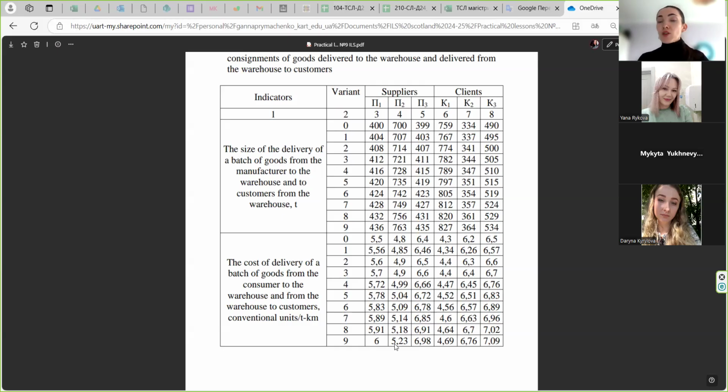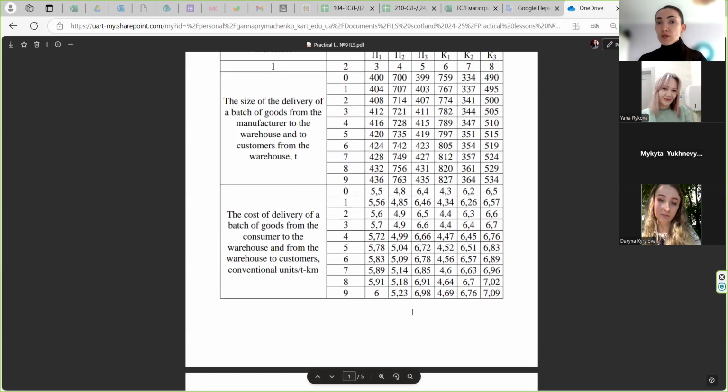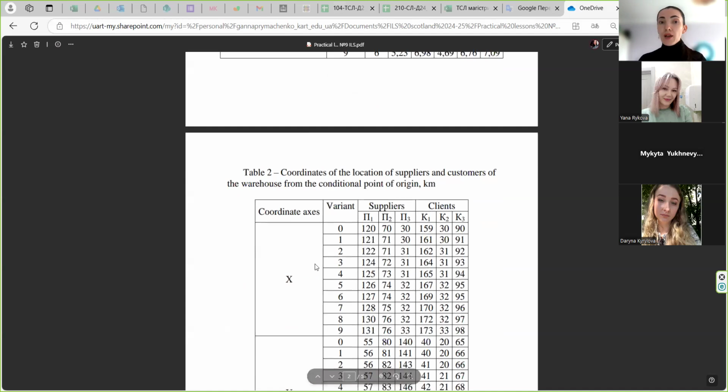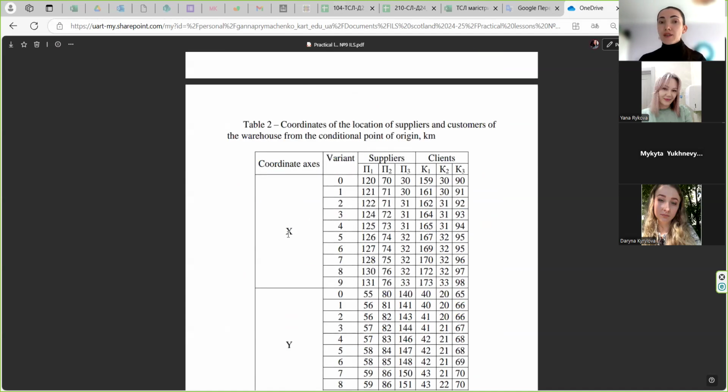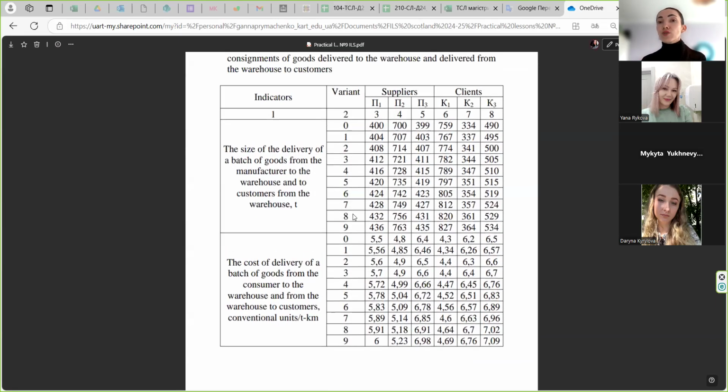We find the second parameter, it is the distance by coordinate axis x for the second supplier. Also, it is 70 kilometers, 71, and other. It is our fourth column in our table 2. And find how many cargo we need to deliver from manufacturer to our supplier number 2.